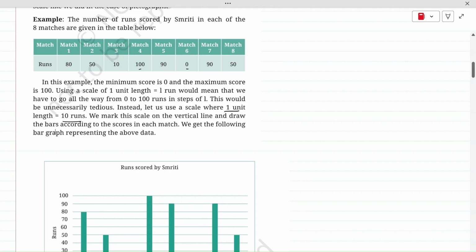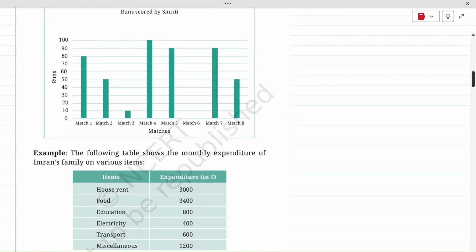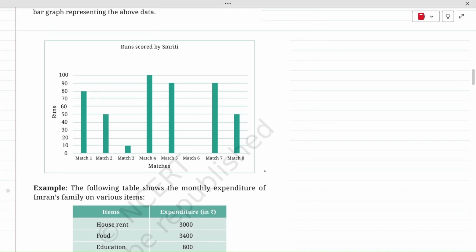And the same has been done here. Starting from 0, they have taken 0 to 100: 0, 10, 20, 30, 40, 60, 70, 80, 90, 100. That means the scale is 1 unit equal to 10.